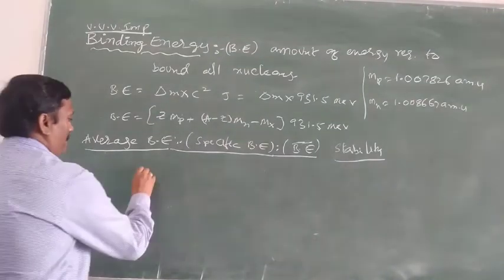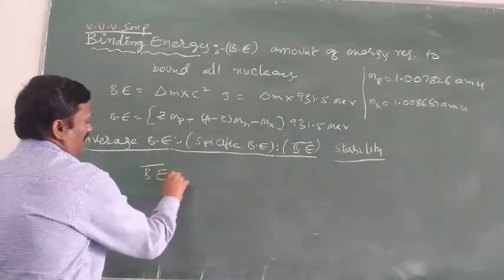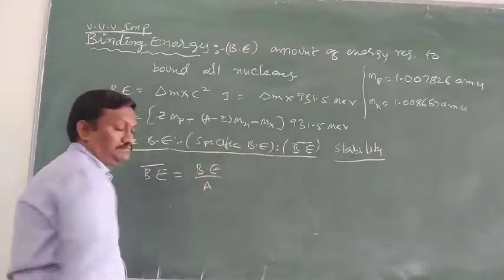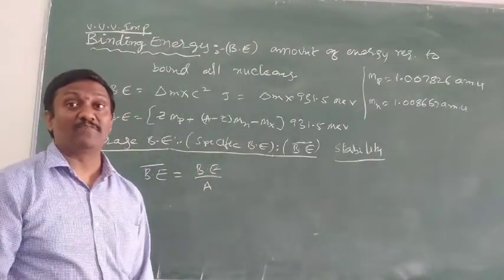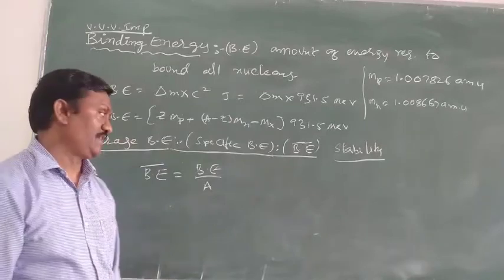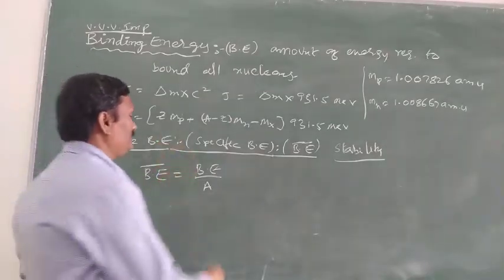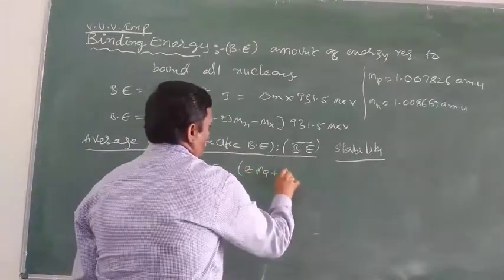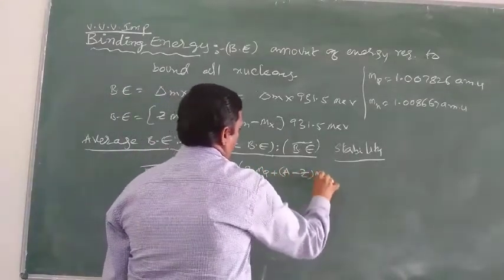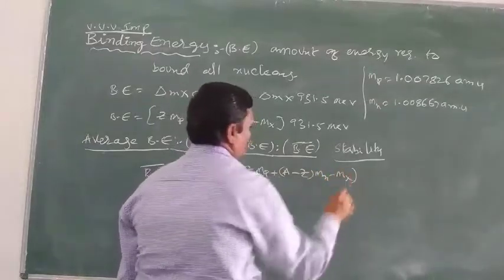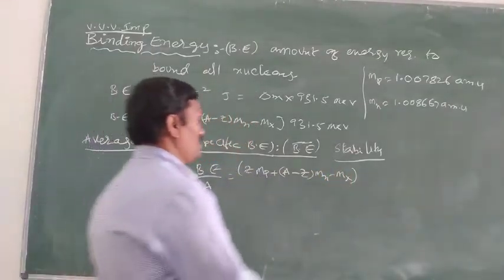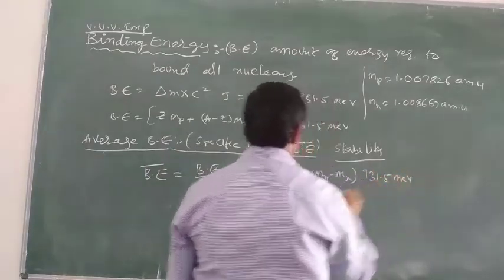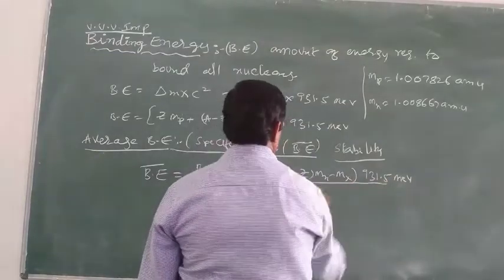Average binding energy can be defined as the binding energy per nucleon. The binding energy per one nucleon is called the average binding energy. Our binding energy is Z into Mp plus (A minus Z) into Mn minus Mx, into 931.5 MeV, divided by the mass number.